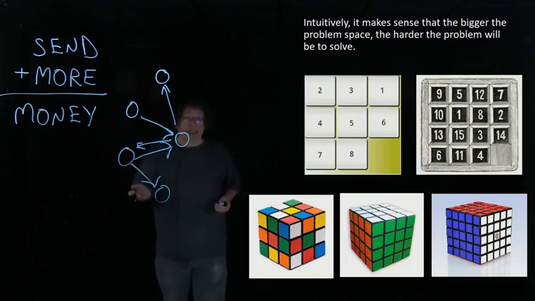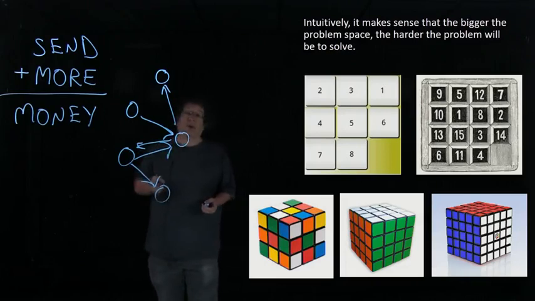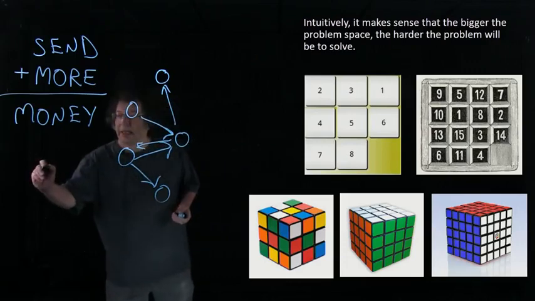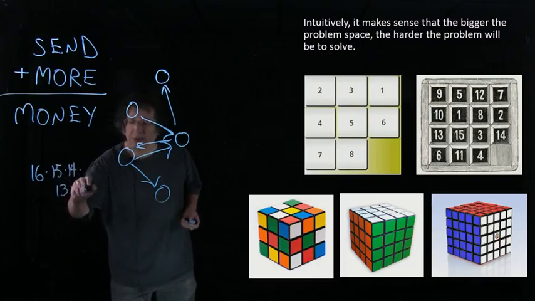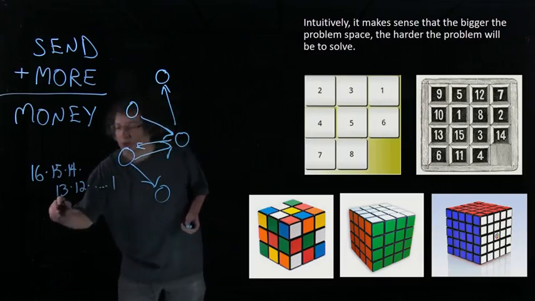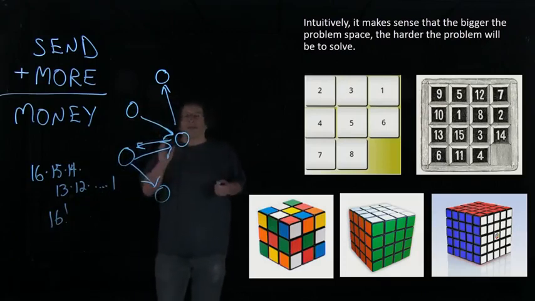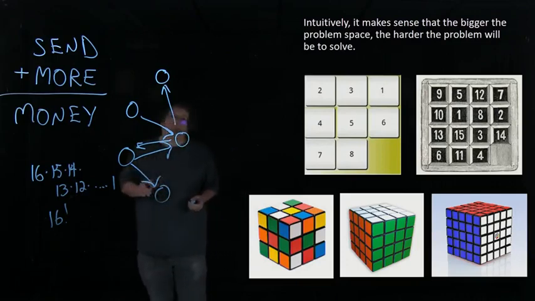And once we've chosen that tile, there are 14 remaining choices for the space which is in this photo occupied by a 12. So it doesn't take a whole lot beyond that to see that the number of possible states in the 15-16 puzzle is 16 choices times 15 choices times 14 times 13 times 12, and so on. Finally, when you get to the last space, you have only one choice, and that's written as 16 factorial. So there's 16 factorial as a first estimate, 16 factorial distinct states in the 15-16 puzzle.